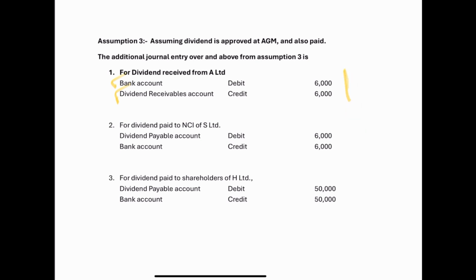That's the first entry. And second entry for dividend paid to non-controlling interest of S Limited. So you have to debit dividend payable account and credit bank account by 6,000 rupees. And third, dividend paid to shareholders of H Limited, 50,000 rupees. So here also dividend payable debited by 50,000 and bank is credited by 50,000. So these are the 3 additional entries that will come under this assumption.